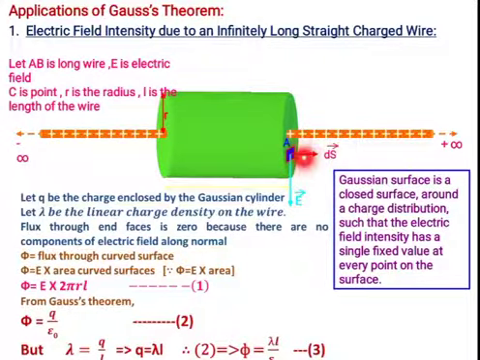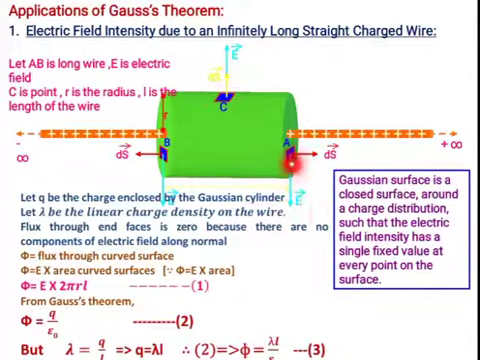If we consider a small area element in this big Gaussian surface, similarly at this face also this is a ds and this is electric field E. Similarly, if we consider the cross section, this is a C point. So this is ds, this is electric field. Here this face and this face both are similar.